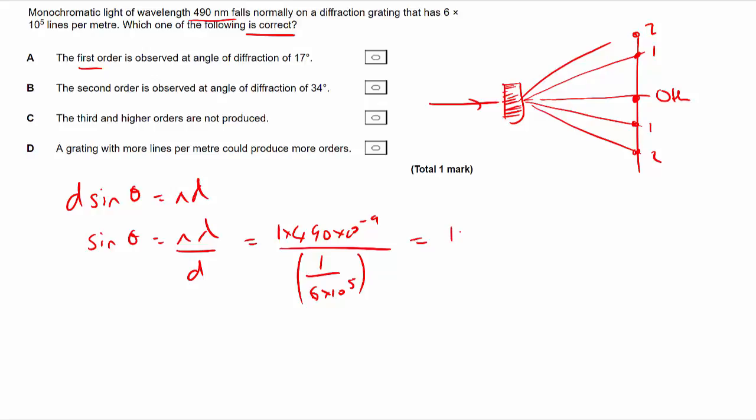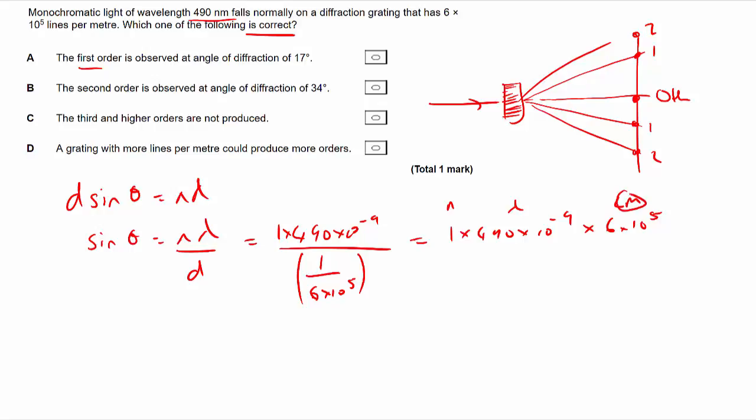So I get 1 times 490 times 10 to the minus 9 times 6 times 10 to the 5. That was the n, that was the lambda, and this is the number I used for the lines per meter.